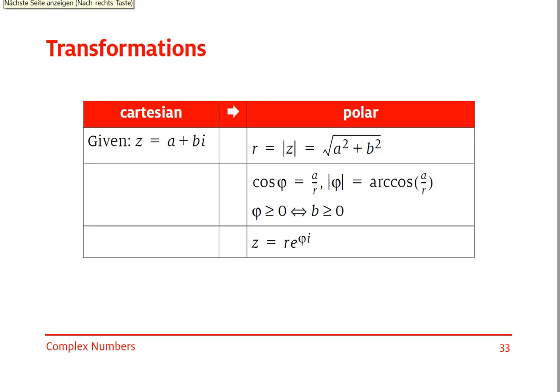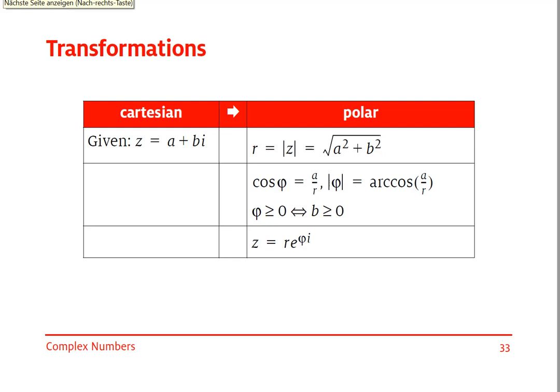We only get the absolute value of phi. We get a value between 0 and 180 degrees, or between 0 and pi. For other angles, if the angle is negative, we get it by the second component of the complex number z. The second component, the imaginary component, has the same sign as the angle phi.